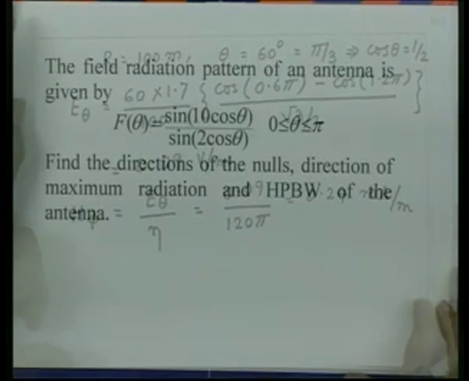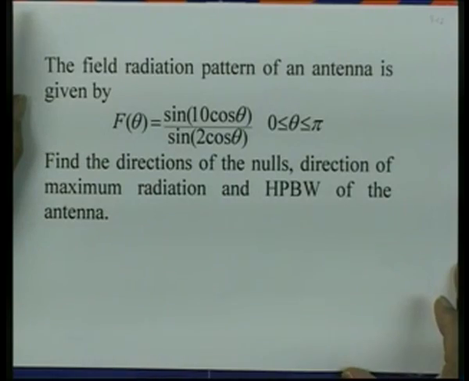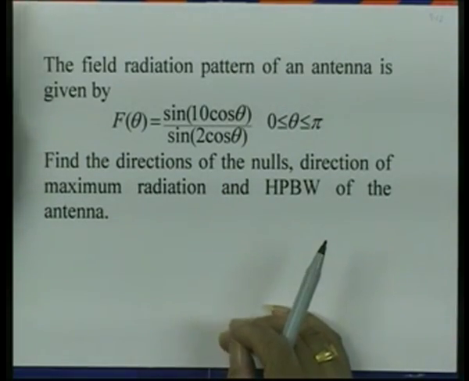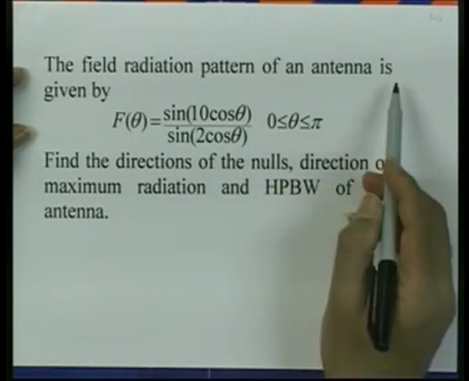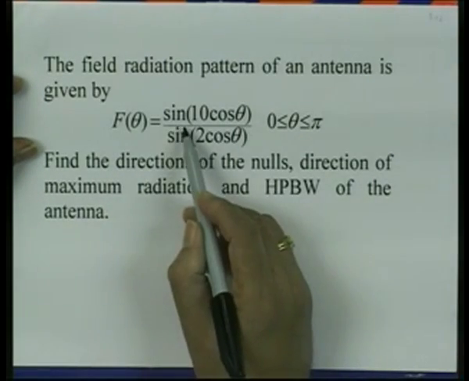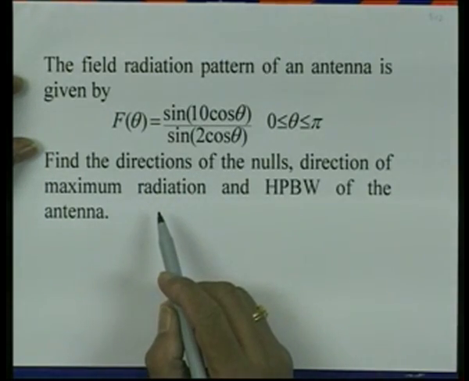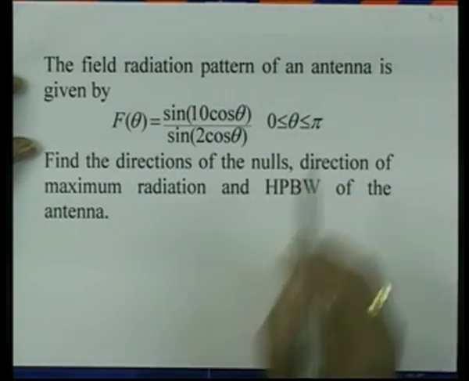Let us now take a problem which is a general problem for the antenna. The field radiation pattern of an antenna is given by f theta, which is equal to sine of pi cos theta divided by sine of 2 cos theta, where theta varies from 0 to pi.